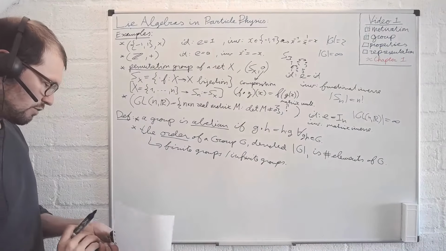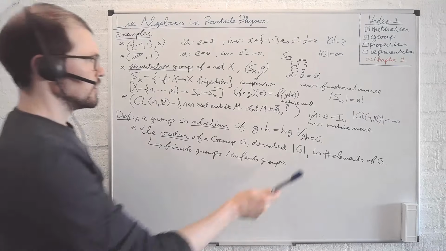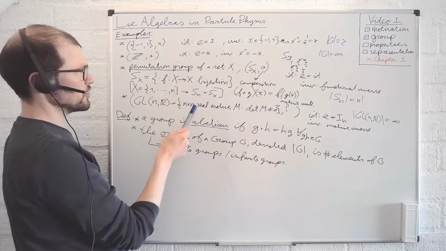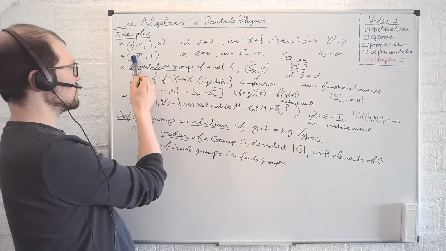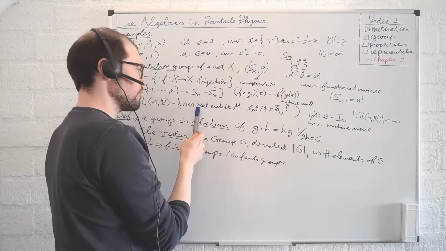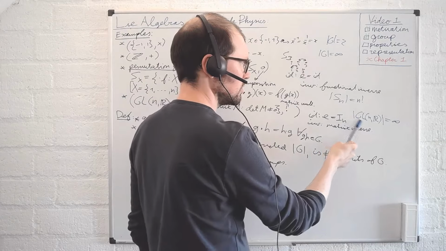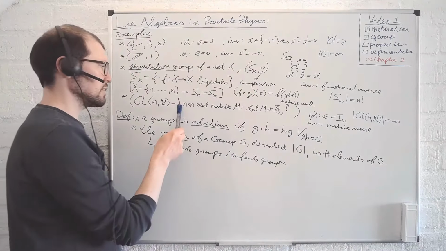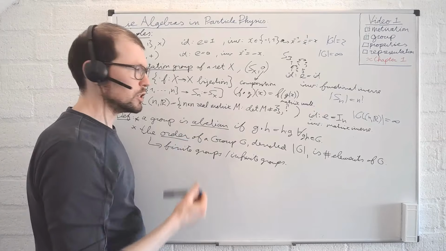Okay, so here we already have a couple of finite and infinite groups, and you can also see there is a bit of a difference between this last example and the integers example, in the sense that the integers form a discrete group. It is based on a discrete set, a countably infinite set, while here these are parameterized by real numbers, so this is an uncountably infinite group, and actually it's a continuous group, meaning that its elements depend continuously on a set of real parameters.